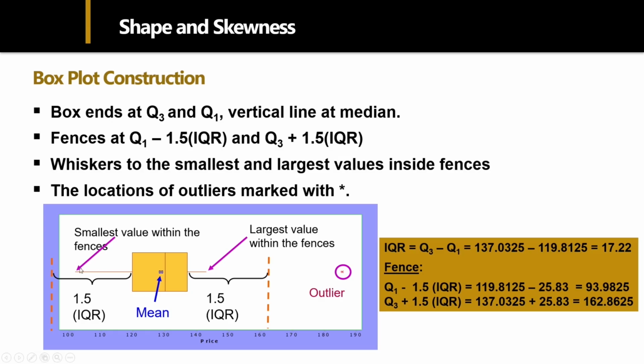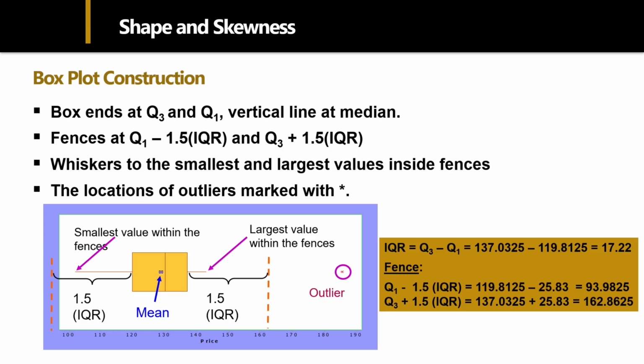We say these horizontal lines coming out of the box are whiskers. And Minitab will automatically star any value it believes to be an outlier outside of this range. That is, any value that falls outside of the range of these dotted red fences right here. Overall, to the right, I have a calculation of where those fences are located.